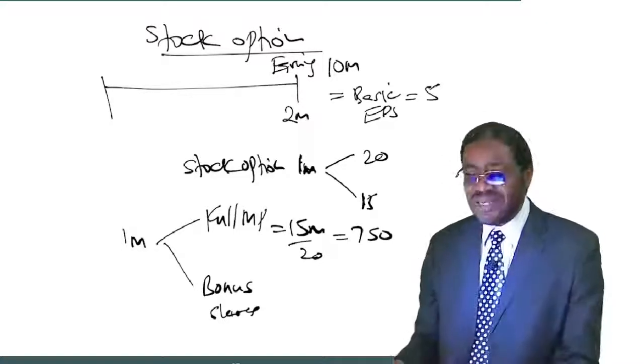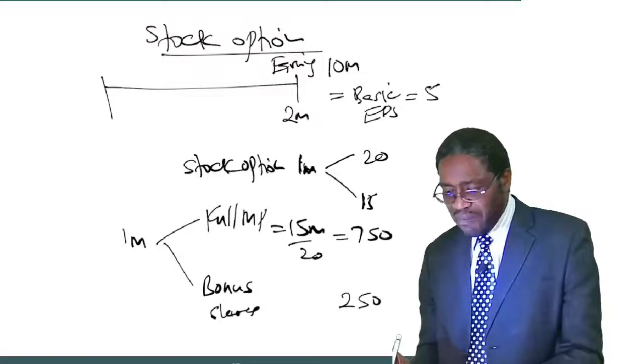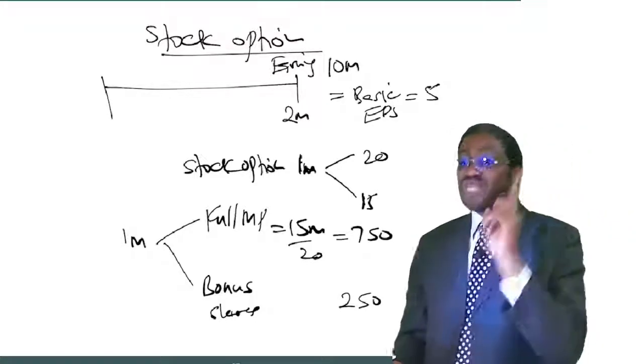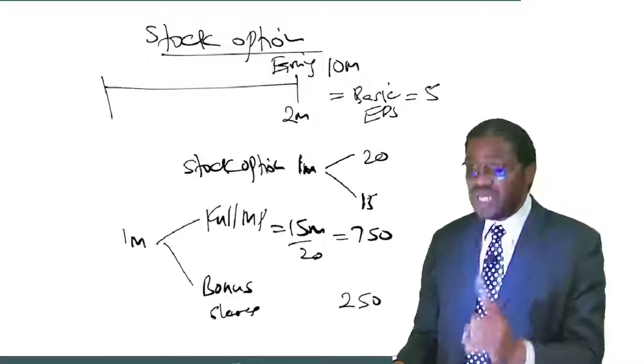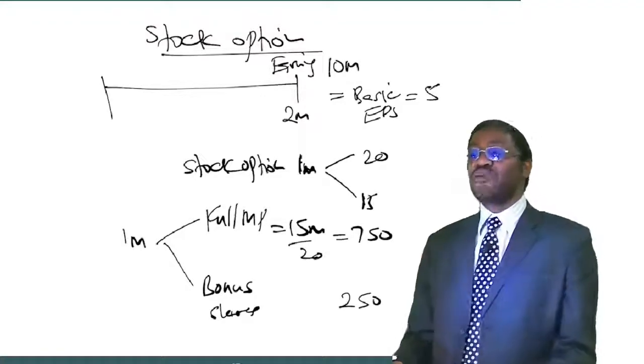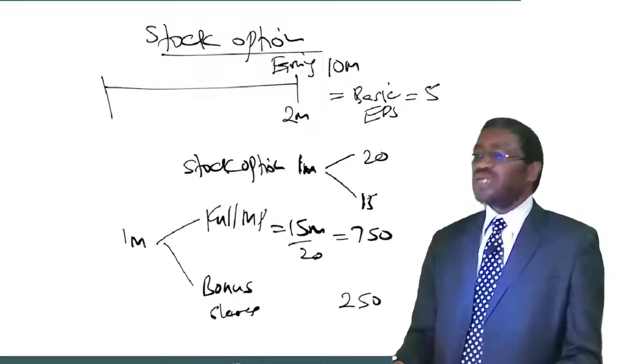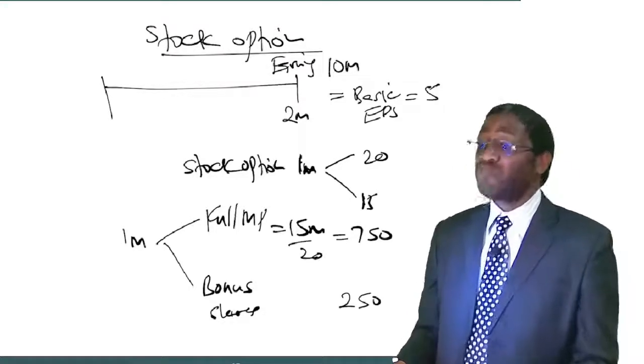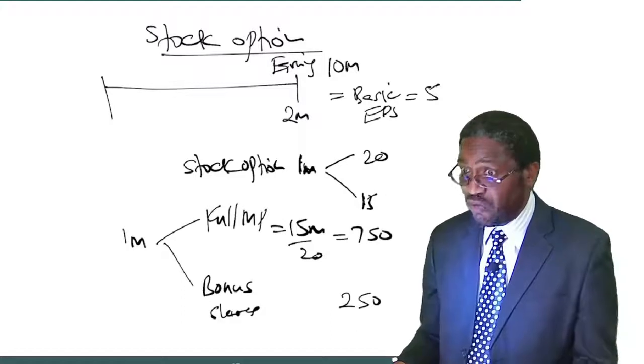The balance, which is 250, is what we said would be considered to be given to them for free. And that is what we said they will be considered to have been given as what? As bonus shares for free.